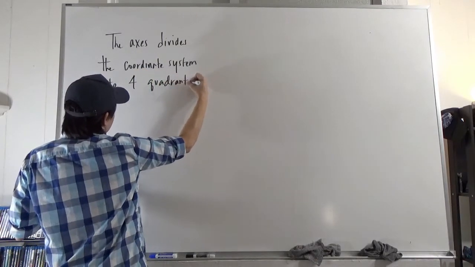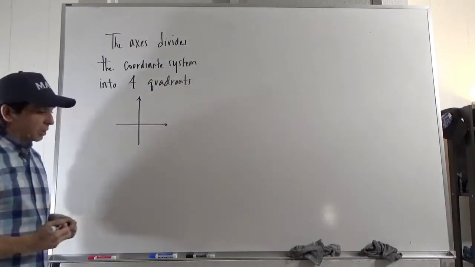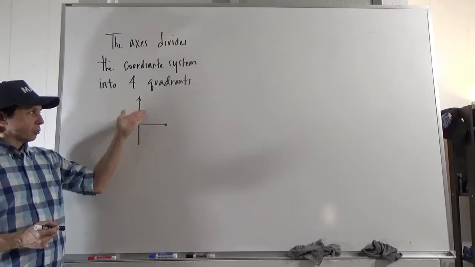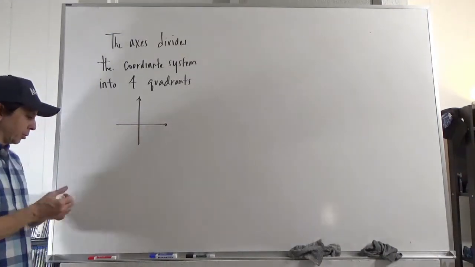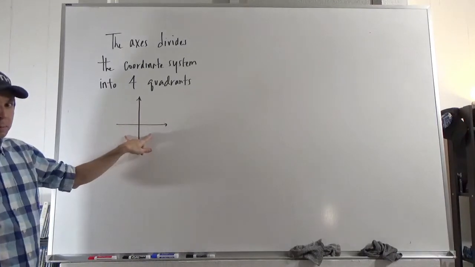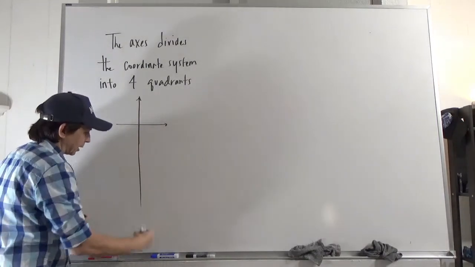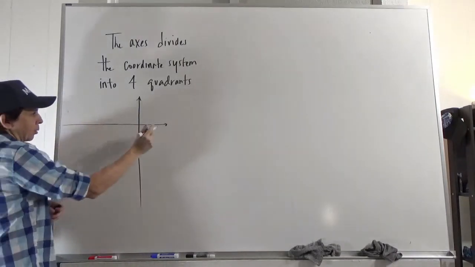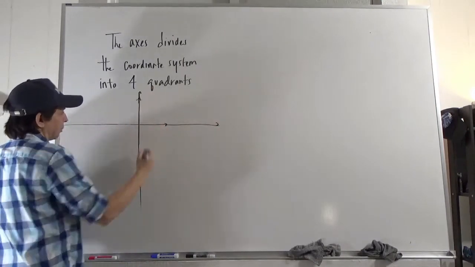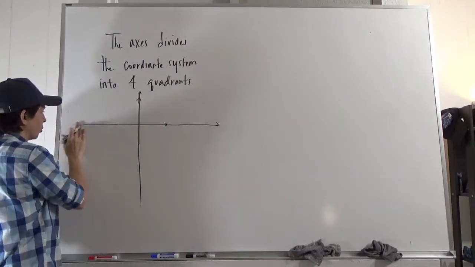Quad meaning 4. So basically, you've seen the Windows logo, and the Windows logo has 4 different colors in the sections of your logo. Same idea. This is chopping up to 4 areas. Because technically, these axes, even though we stop there, technically that goes to negative infinity, that goes that way, that goes that way, that goes that way. So every point is in one of these 4 sections called quadrants.